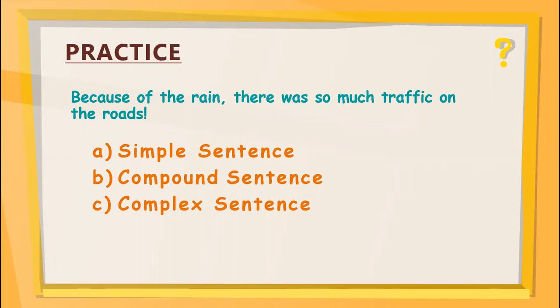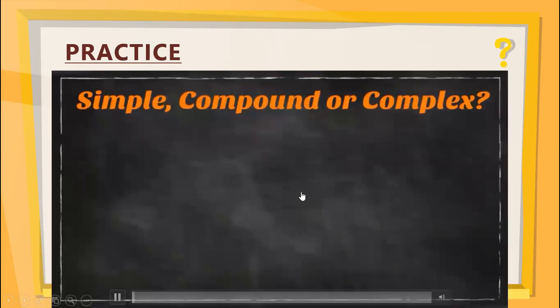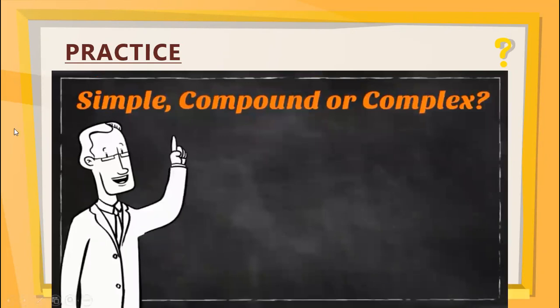What type of sentence is this? Complex, because of the dependent, one of the rabbits. Very good.